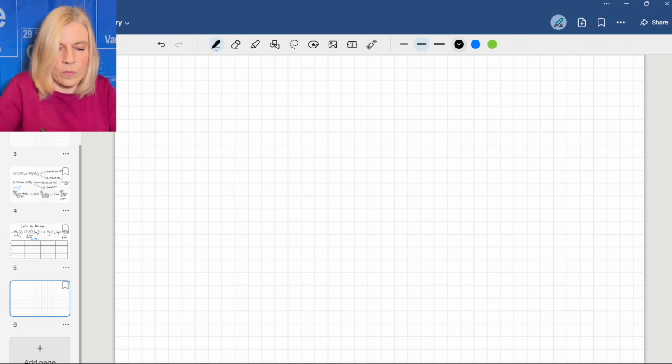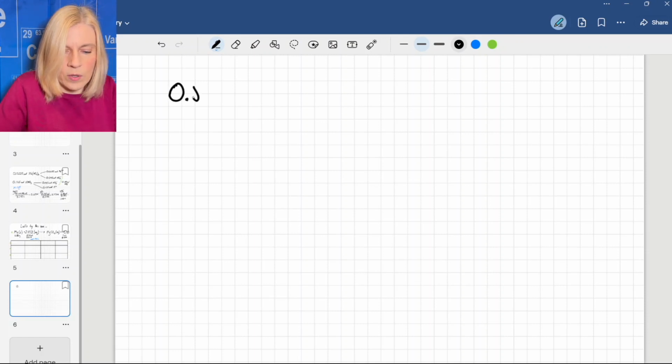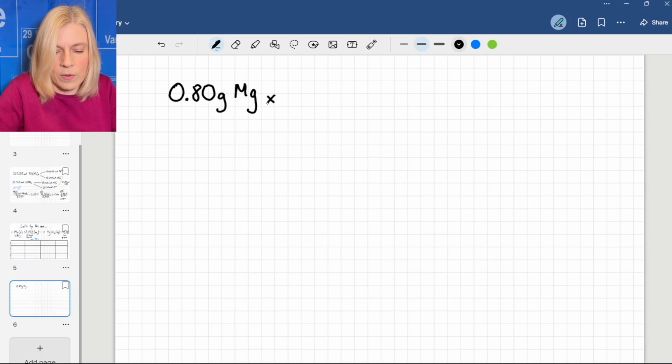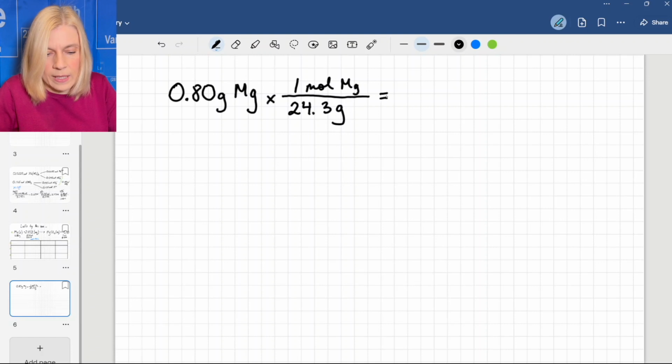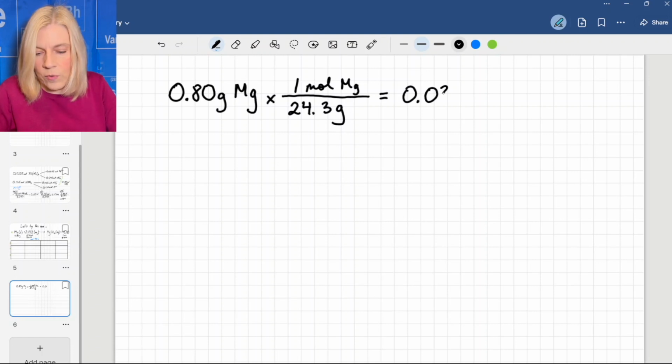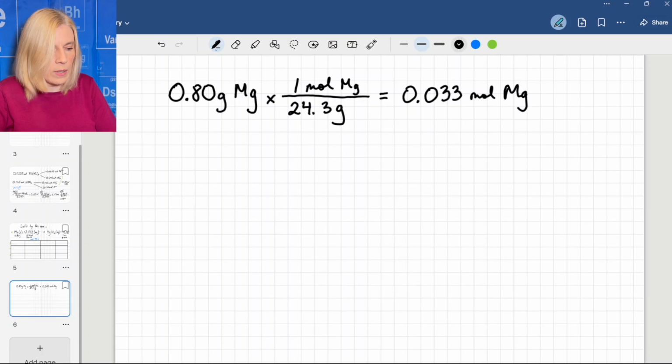For magnesium, if I have 0.80 grams of magnesium, I look at my periodic table and I see the molar mass. 1 mole of magnesium is 24.3 grams. I plug this in and I have 0.033 moles of magnesium.